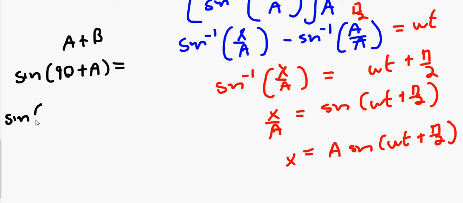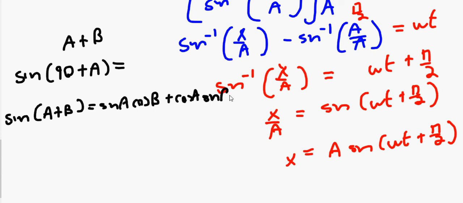Sine A cos B plus cos A sin B. I think that's what they might do here. The omega t is A, and that's pi over 2. So that's omega t, that's pi over 2.